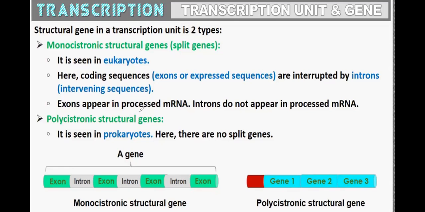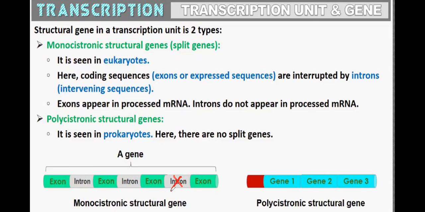Exons appear in processed messenger RNA. Introns do not appear in processed messenger RNA. When messenger RNA is produced, both exon and intron will be there. The newly synthesized messenger RNA will have both exon as well as intron. So this will undergo processing. During processing, introns will be cut.